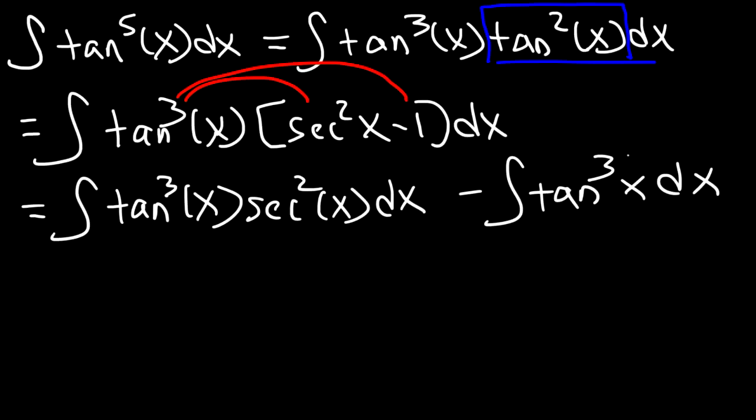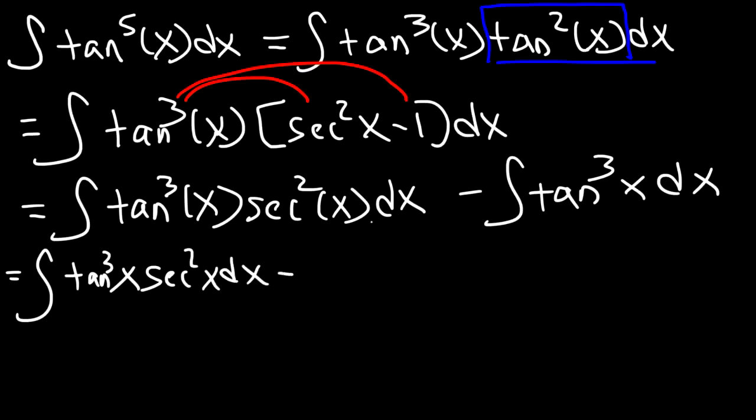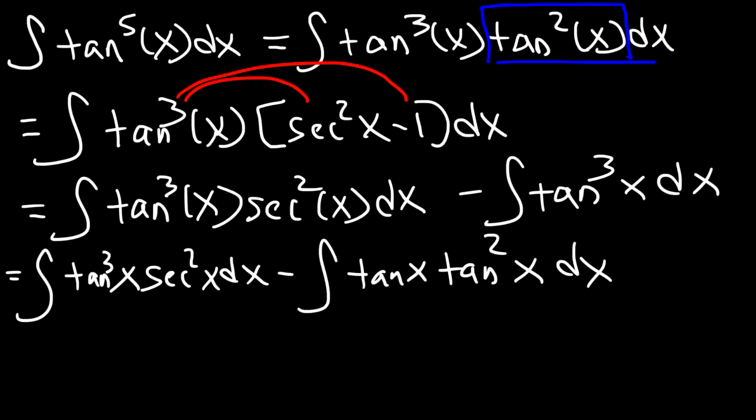Now, for tangent cubed, we can take out another tangent squared and repeat the process. So it's going to be tangent times tangent squared x. And then let's replace tan squared with secant squared minus 1.